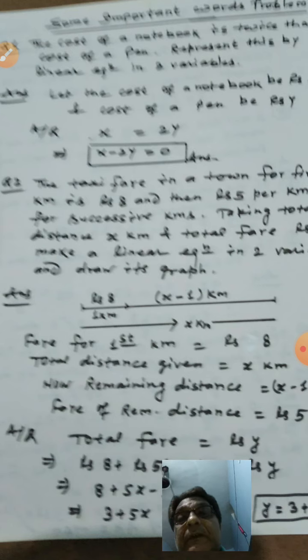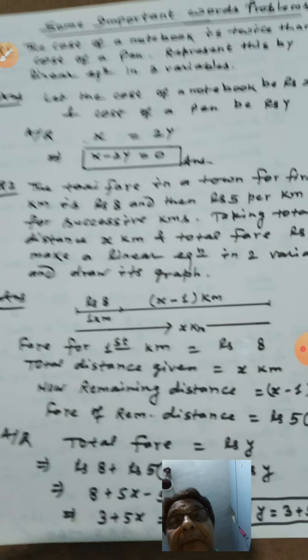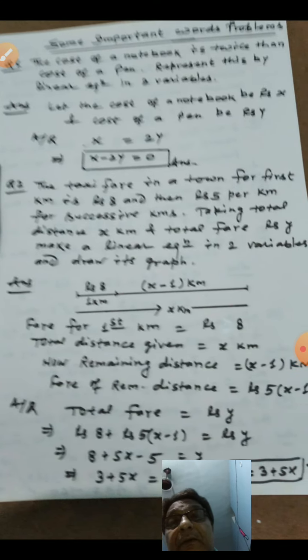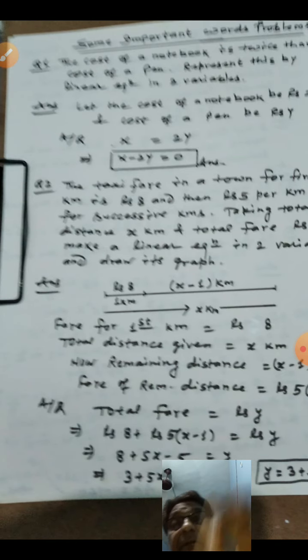So first of all we will suppose that the cost of the notebook be rupees x and the cost of the pen be rupees y. According to the question, the notebook cost, that is x, is twice of y. So we will multiply y by 2, then our equation will be x minus 2y equal to 0. So this is the required linear equation in two variables.